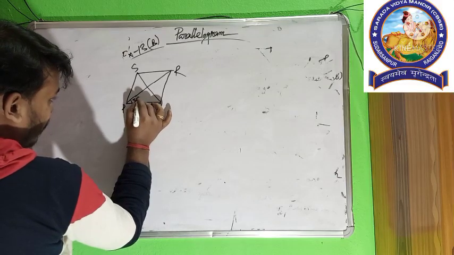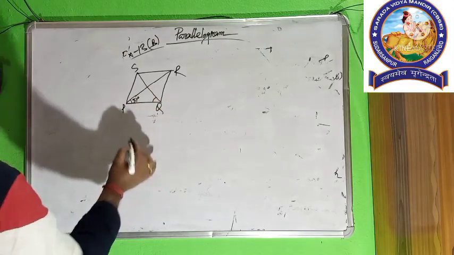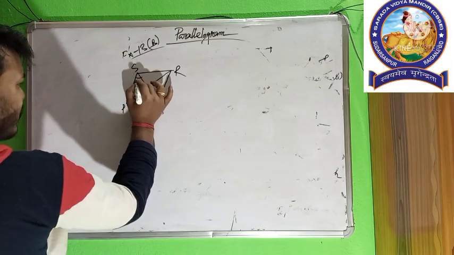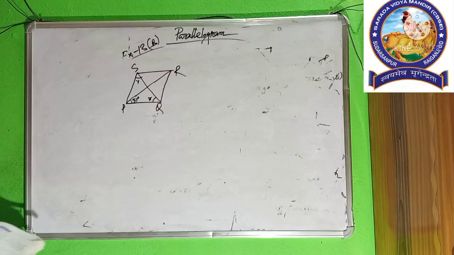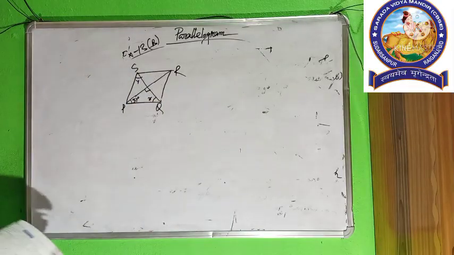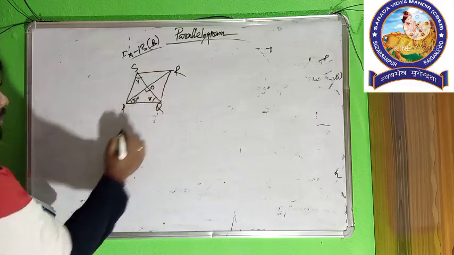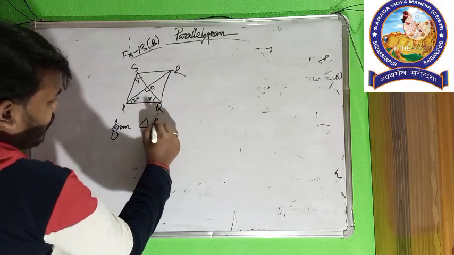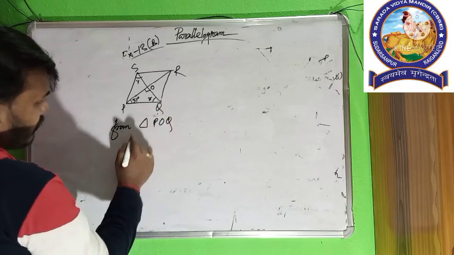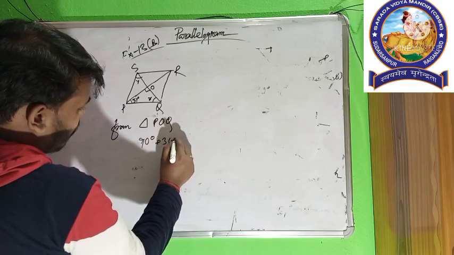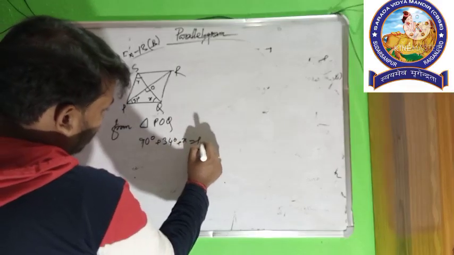34. x was very easy. Very easy math. It is a rhombus, so the diagonals bisect at right angles. So from triangle POQ, by the angle sum property, 90 degrees plus 34 degrees plus x equals 180 degrees.